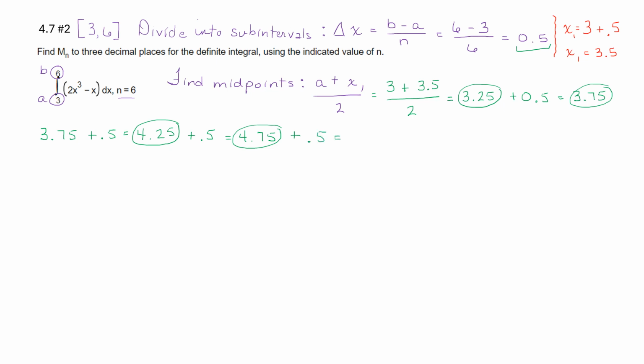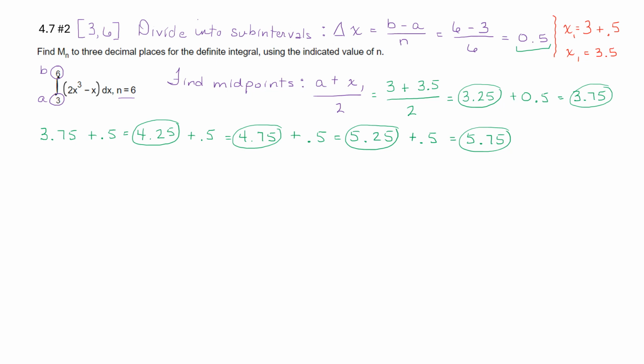Add 0.5 to that, and we get 5.25 as a midpoint, and add 0.5 to that, we get 5.75 as the last midpoint.